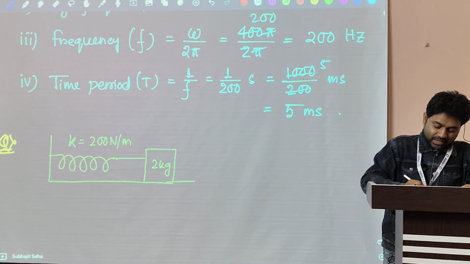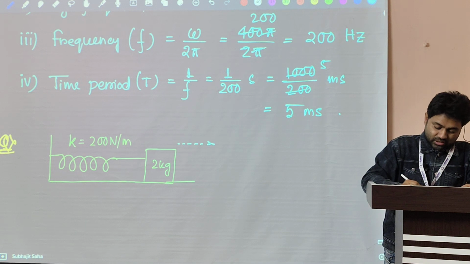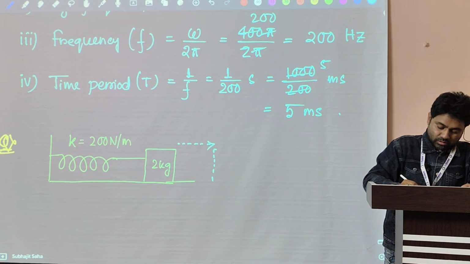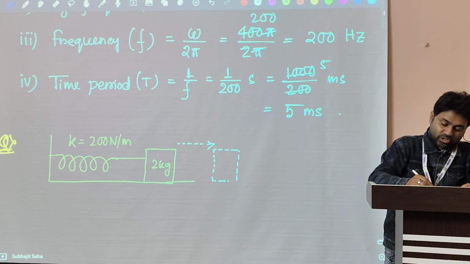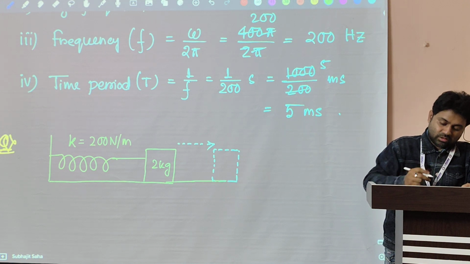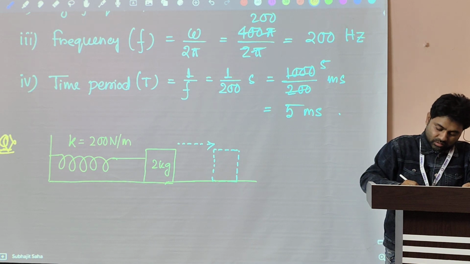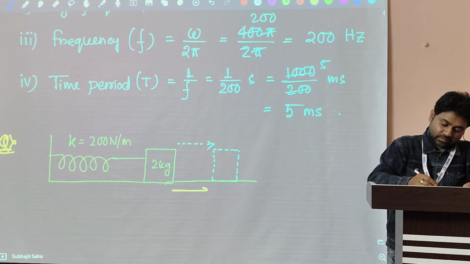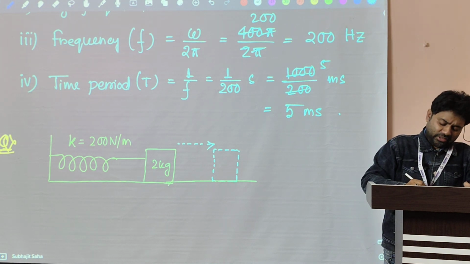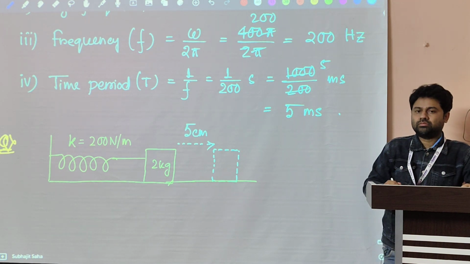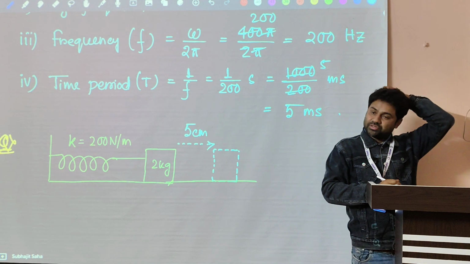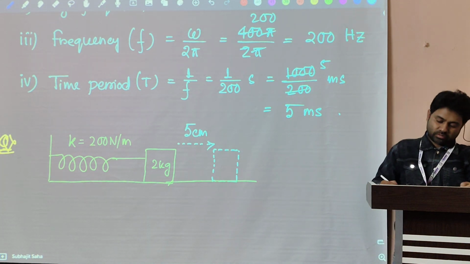In the question, it is given that the mass is displaced from the original position by pulling it, say by pulling it 5 centimeters from the mean position.